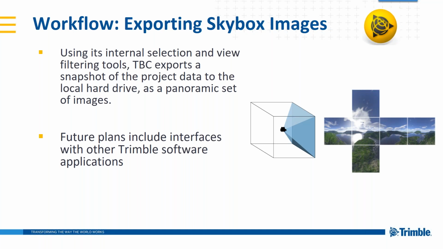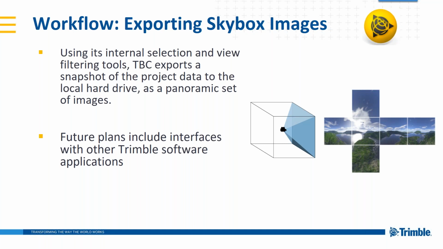Starting off with the workflow, it's embedded into TBC. You go through the same normal workflow in prepping your data as you normally would, and then at the end you can export, publish to Clarity, and it essentially builds what we term skybox, 6 images around each station.